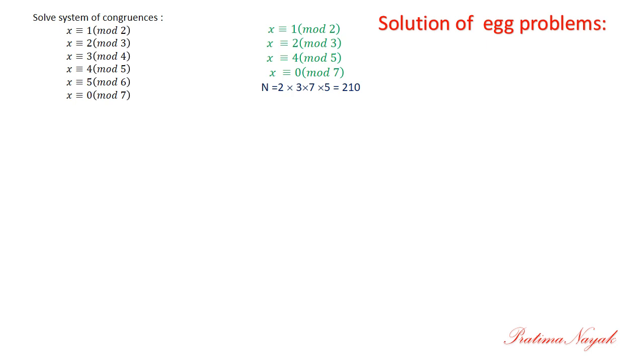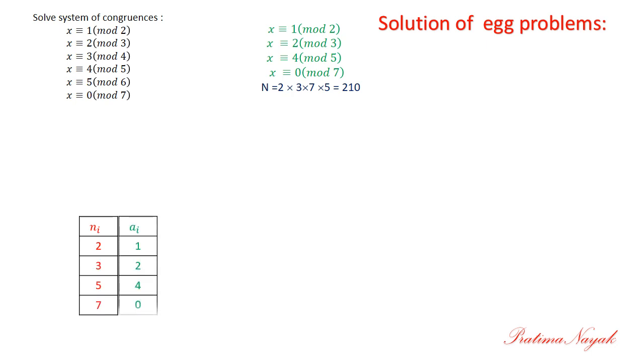Now n is equal to 2 multiplied by 3 multiplied by 7 multiplied by 5 is equal to 210. Find individual n. So total n is 210.